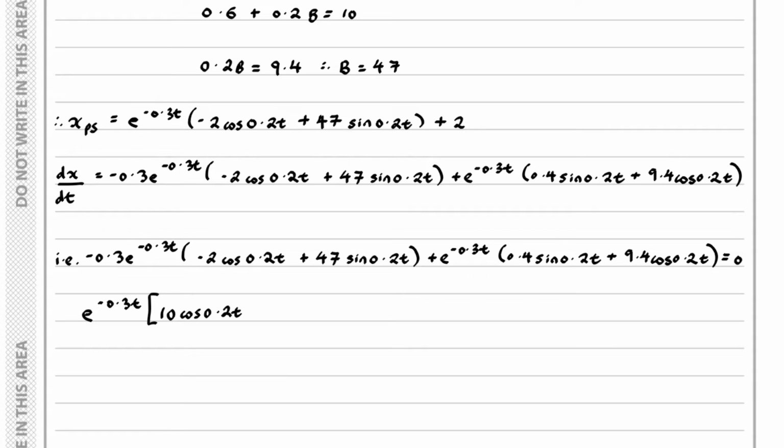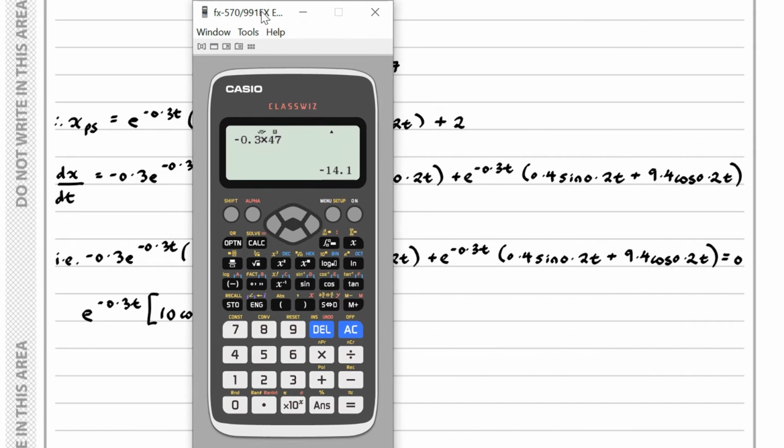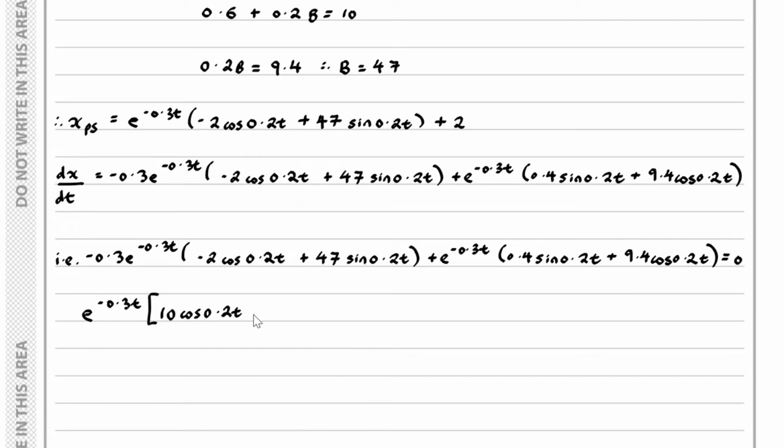If we work this out, actually, we've got minus 0.3 times by 47, which is minus 14.1, and then we've also got this positive 0.4. So it turns out we get over here minus 13.7 times by the sine of 0.2t.